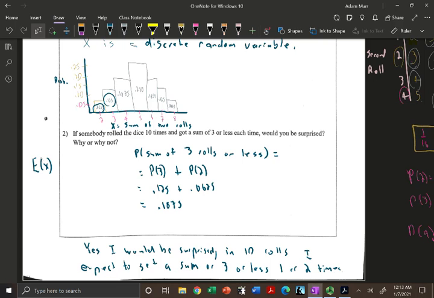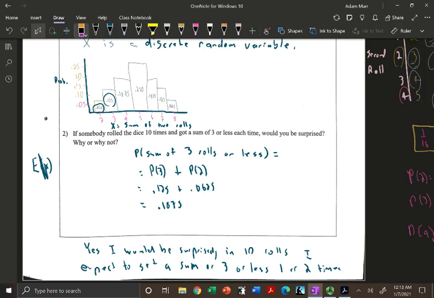So the expected value right here of a sum of 3 or less. Actually, I shouldn't say expected value of x because that assumes we're talking about the previous problem. Sorry, I'm having issues with erasing this for some reason.